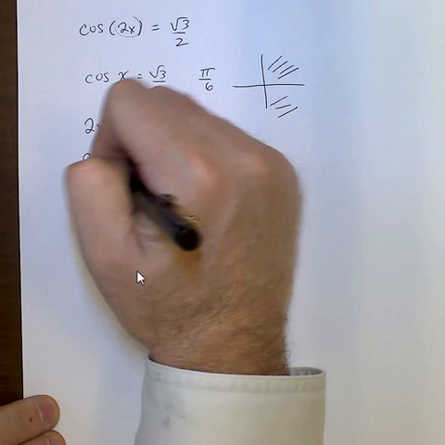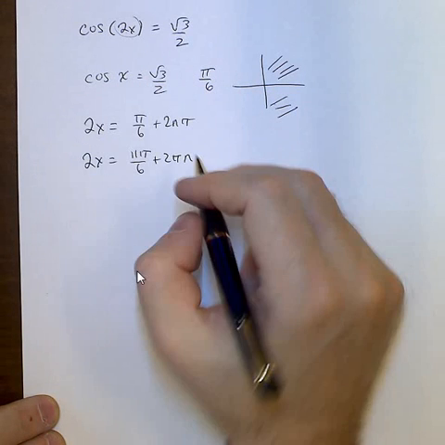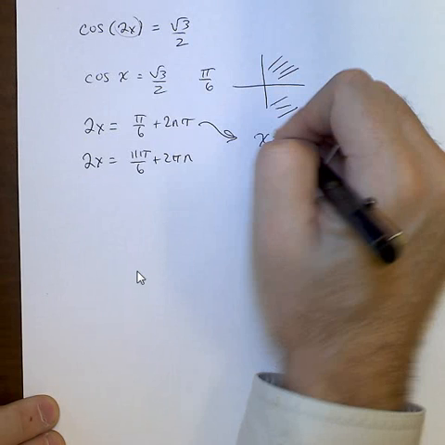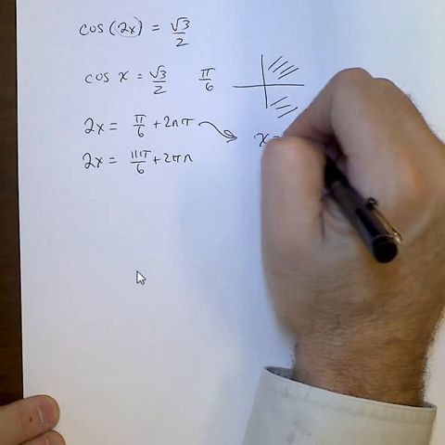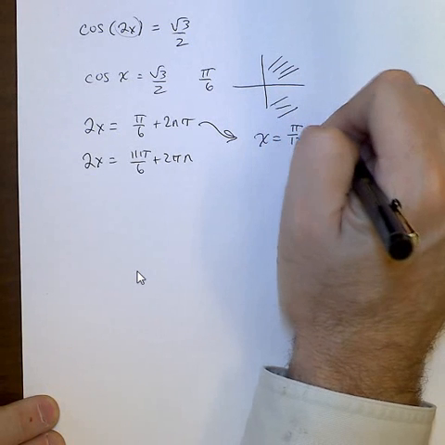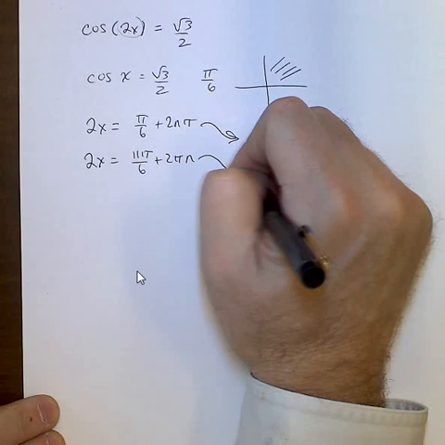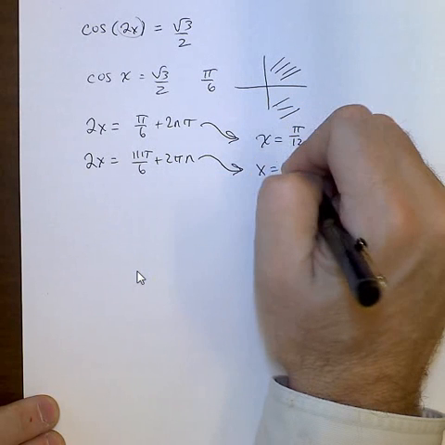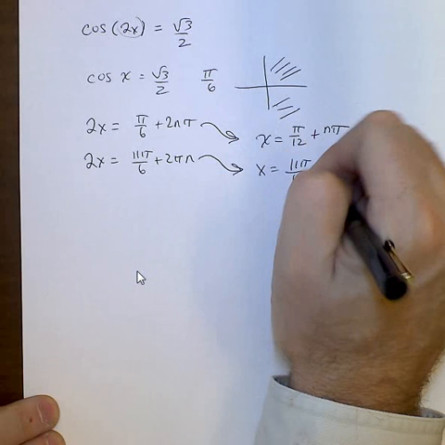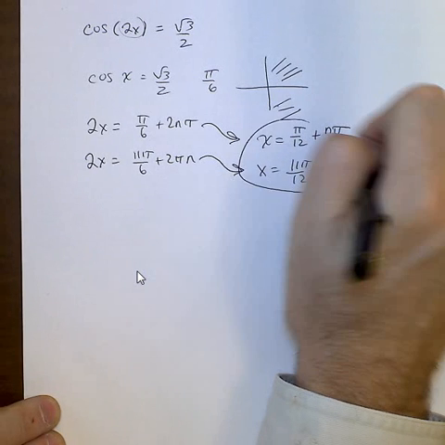And now we solve for x. So with this one, we get x equals, divide both sides by 2, pi over 12 plus n pi. And this one, we get x equals 11 pi over 12 plus n pi. So your answers to this problem are that.